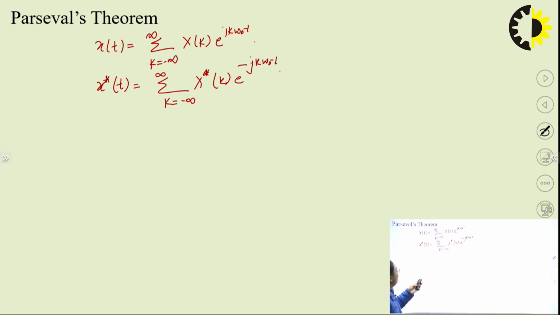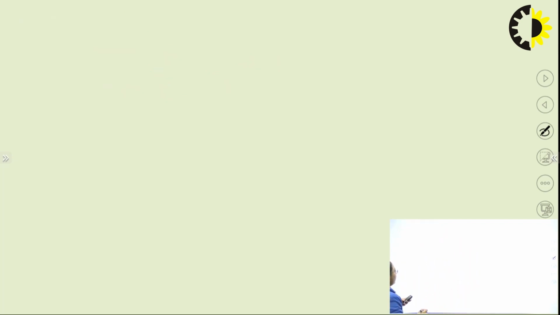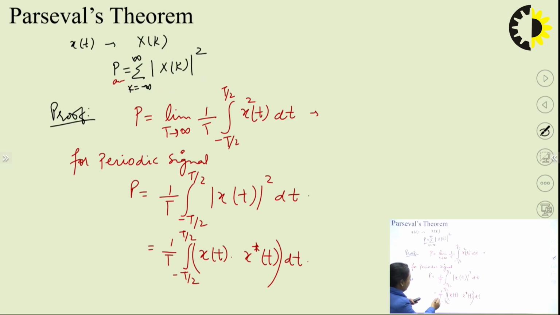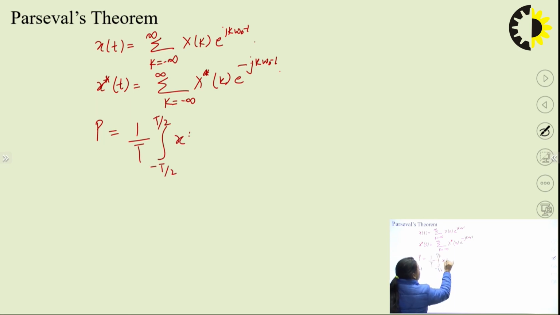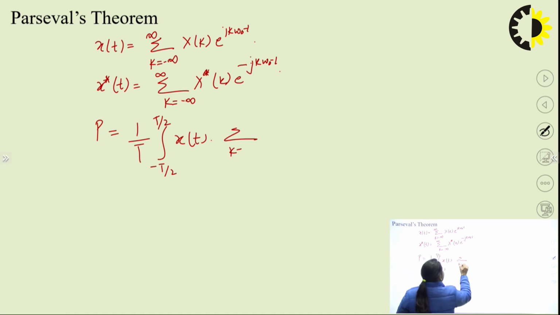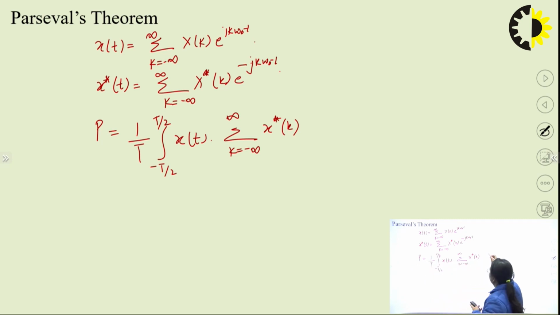Now putting this into the power equation, P equals 1 by T integration from minus T by 2 to T by 2 of x(t) as it is, times the summation of X_k star e raised to the power minus j k omega naught t, dt.